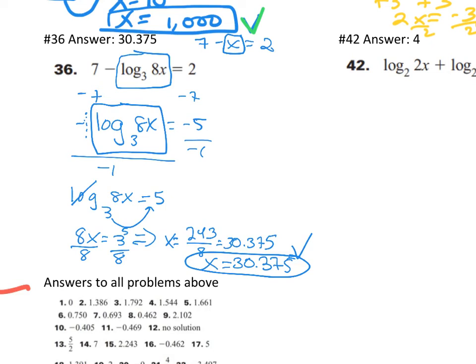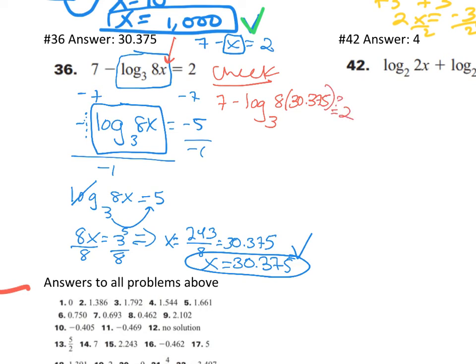And the reason that this is a true statement, if we go back and we plug 30.375 in for x, if we're checking, which you should, we would get 7 minus log base 3 of 8 times 30.375, and we're asking ourselves, is that equal to 2?